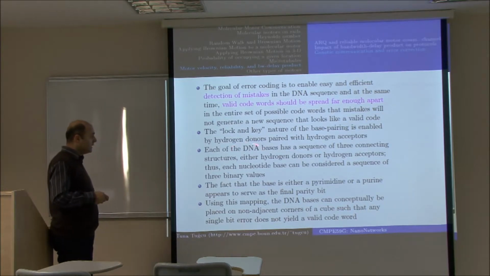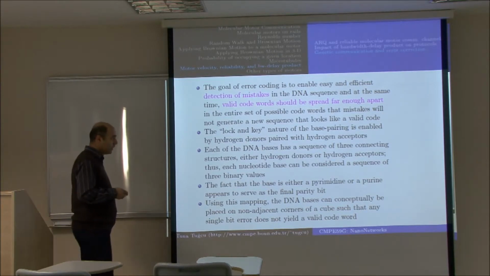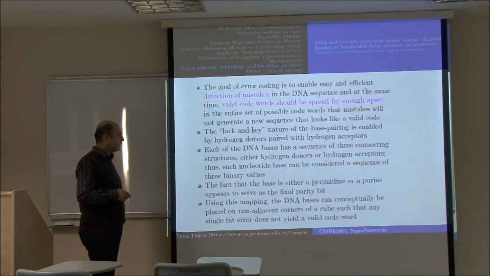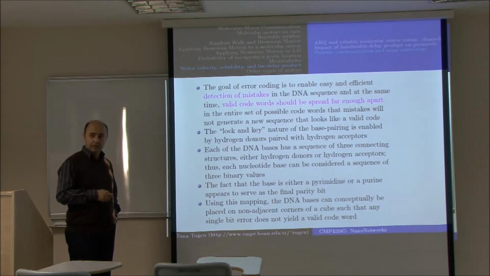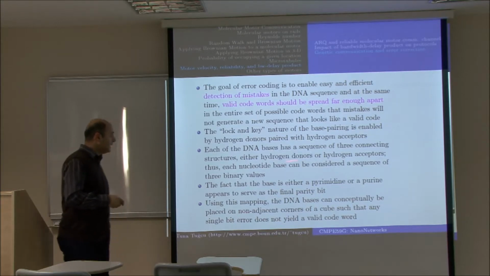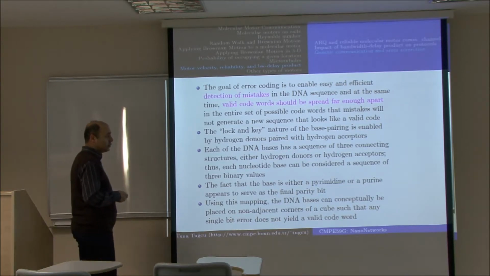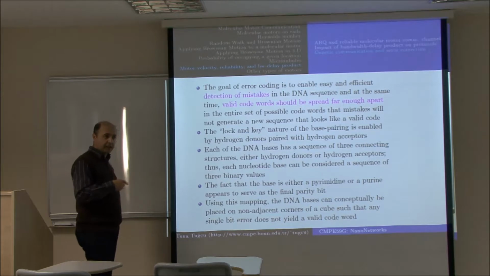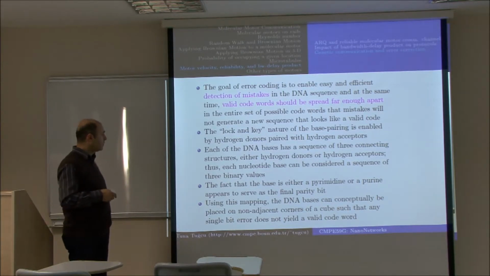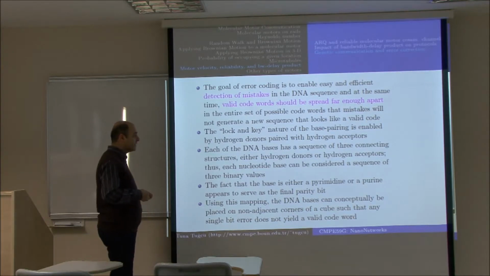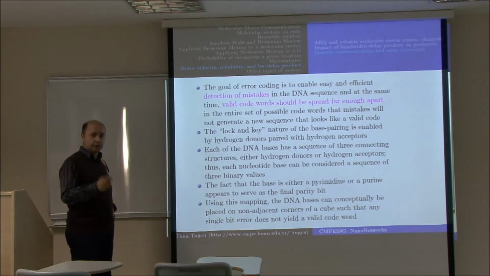Each of the DNA bases has a sequence of 3 connecting structures. So they're in triplets. Either there's a hydrogen donor or an acceptor to form the hydrogen bond in between. So each nucleotide base can be considered as a sequence of 3 binary values because of these triplets.